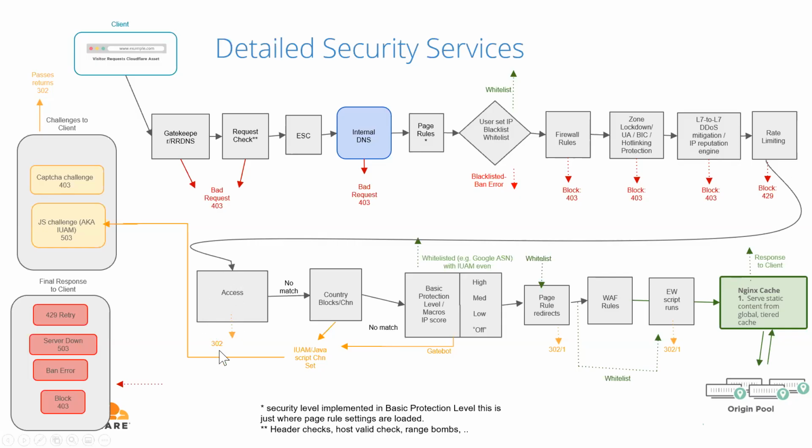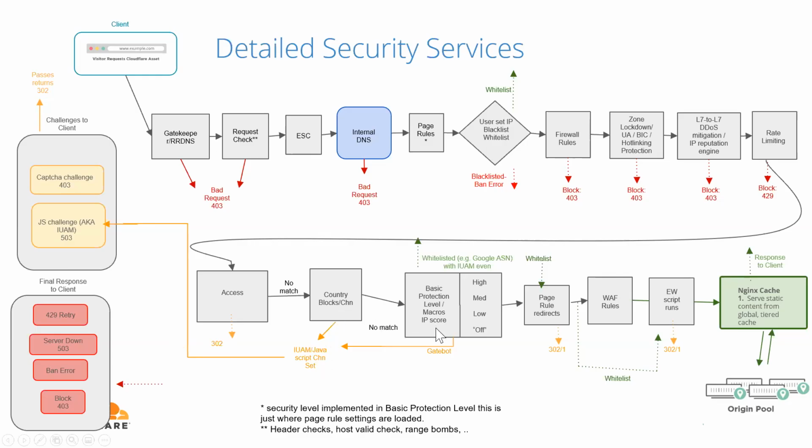After that, Cloudflare Access will take place. If there is no access rule, then is there any country block configured? After this, if it matches or there is any challenge being applied, for example when I'm Under Attack mode is applied, then it will give the JavaScript challenge before it returns or allows the request.